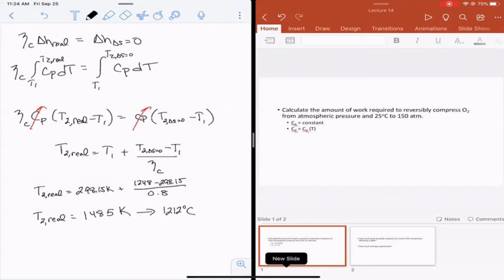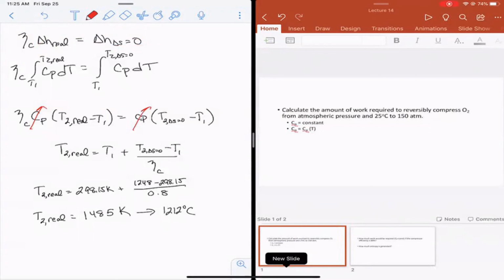Before we actually solve this, one of the things that hopefully you're seeing here is that every time in the future that we're going to talk about efficiency, we have to solve the isentropic case. We're either going to want to calculate the efficiency given some parameters, and in that case we basically would solve for delta H and then find the efficiency.